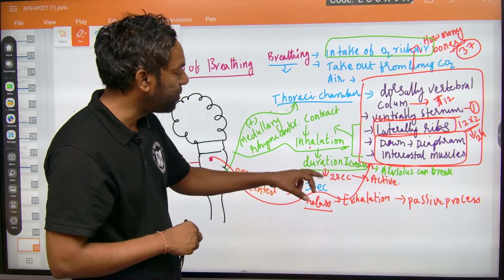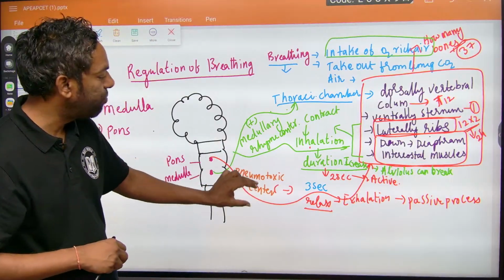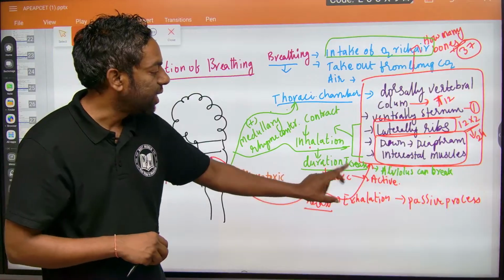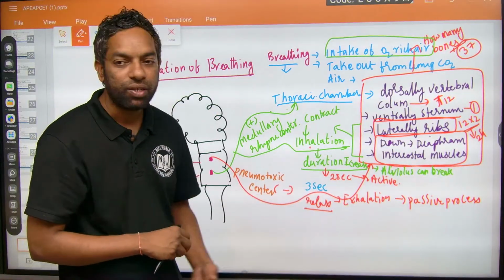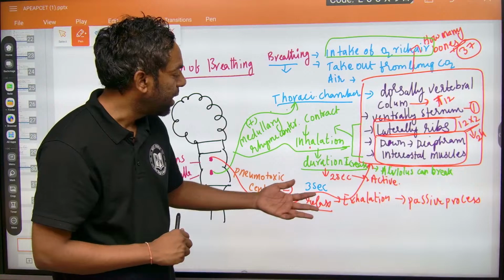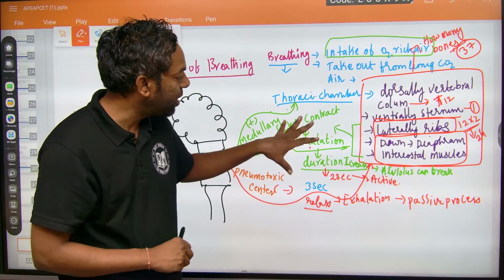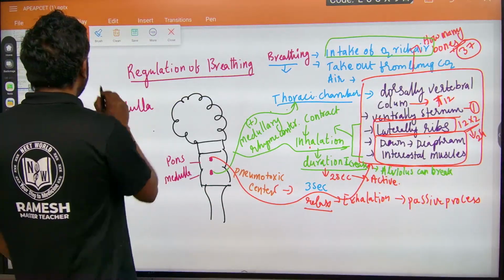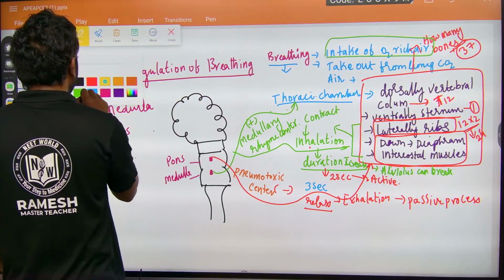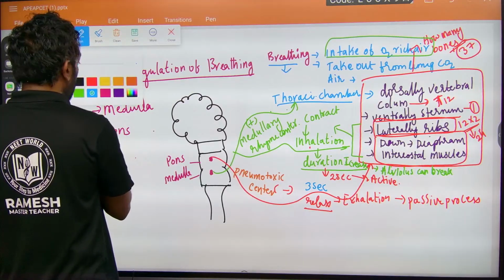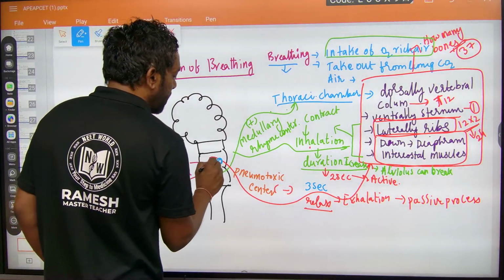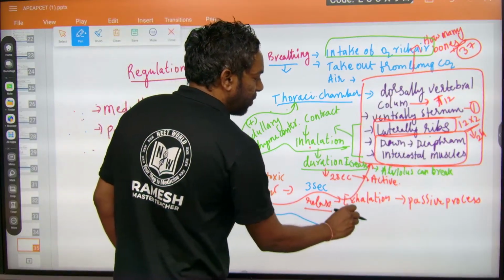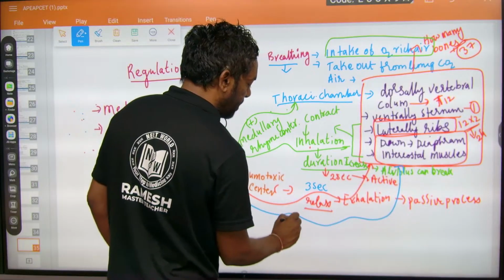And after 2 seconds, there is a negative feedback from the pons, where the pneumotaxic center gives the negative feedback for the stopping of breathing, for about 3 seconds. After that, inhalation starts again by another center located in the pons, the apneustic center, which gives the positive signals.